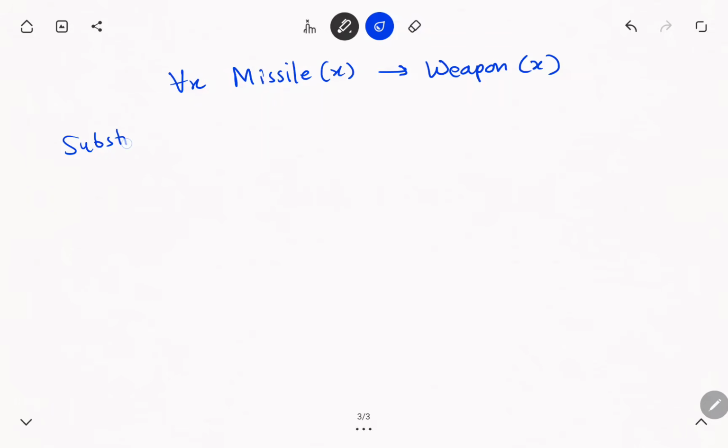So now we'll use the rule again. For all x, missile x implies weapon x, right? So again we'll use substitution. We'll call the substitution theta 2. The substitution is x is substituted by m1.